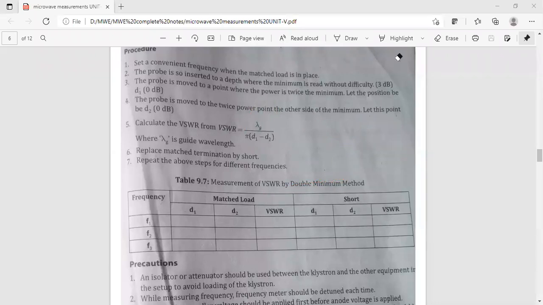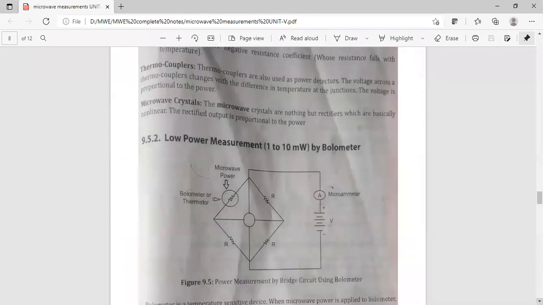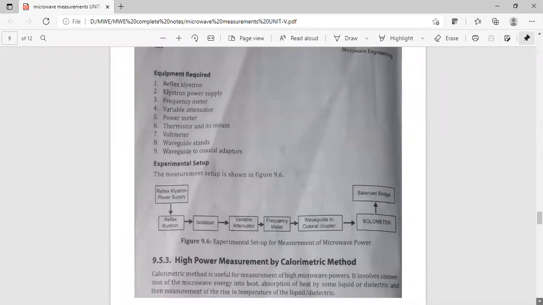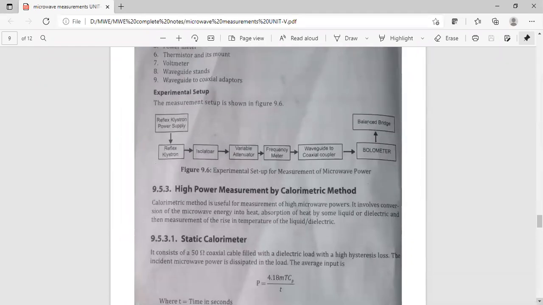Another thing we discussed is power measurement: low power, medium power, high power. I already told you about bolometer, thermocouple, microwave crystal, and the bridge. This is the setup where we keep the bolometers. So what is the calorimetric method?